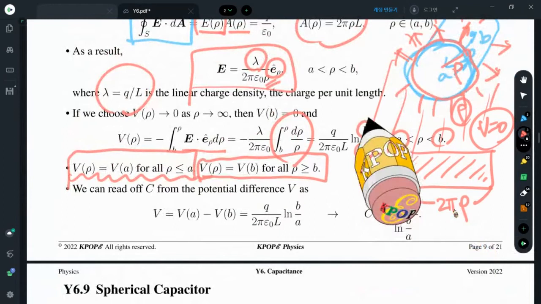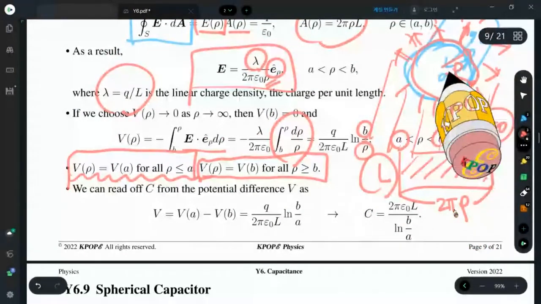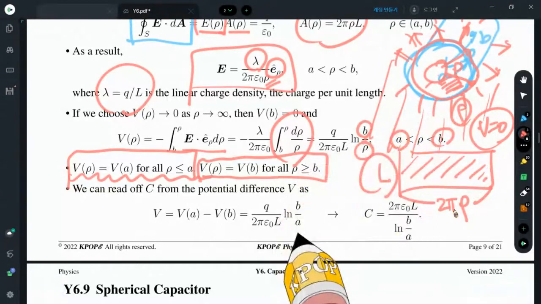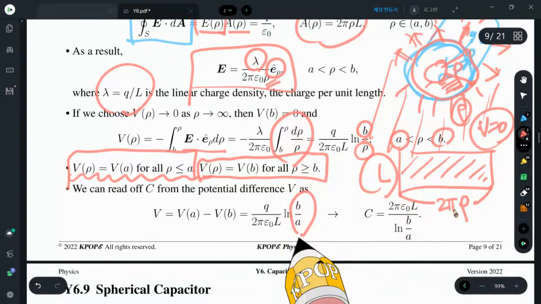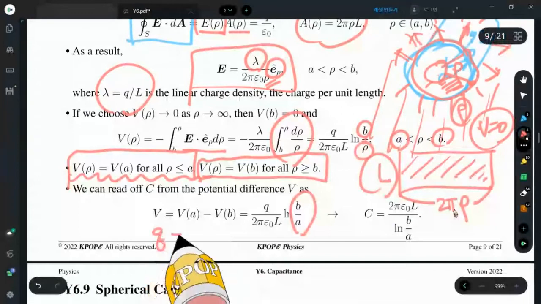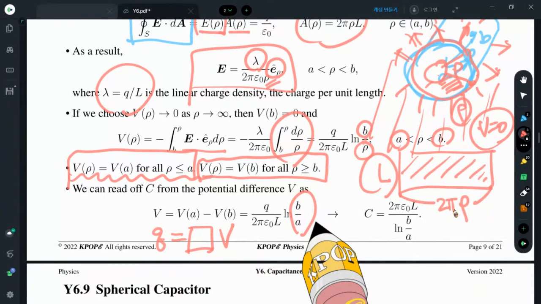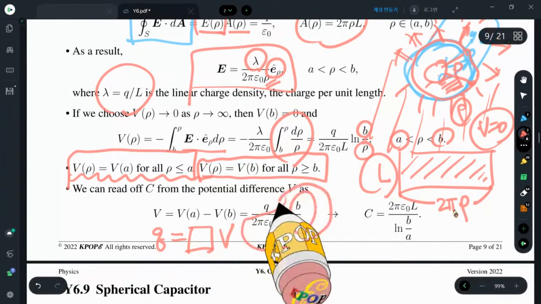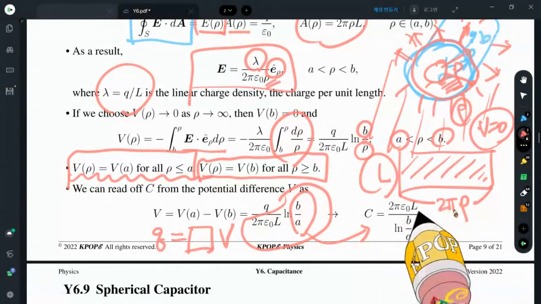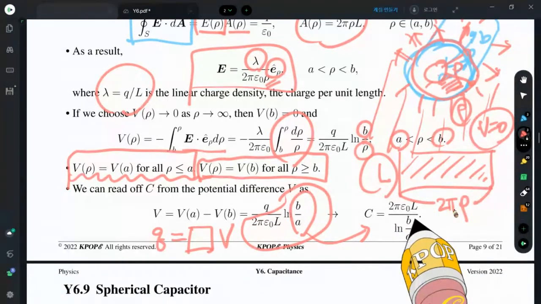Using this, we can integrate from B to A, where the electric field is present, and this integral becomes just a log of B over A. Now we have found the expression Q equals something multiplied by potential. And what is that something? It is the reciprocal of this one. That is this: 2 pi epsilon 0, length divided by the log ratio of the two radii.